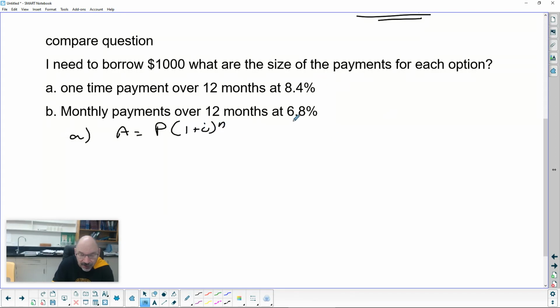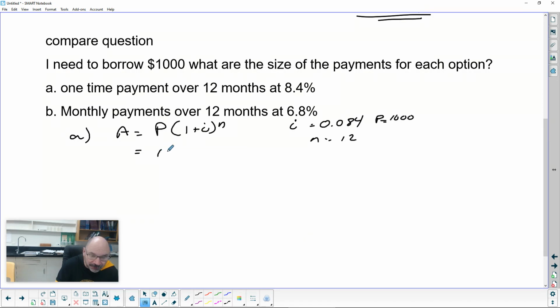We'll figure what i is. i equals 0.084. And since it's a one-time payment over a year, you don't have to divide by anything because it's not compounded. So that should make it cheaper, but it's a higher interest rate. So our principal amount is 1,000, and our months are 12 months.